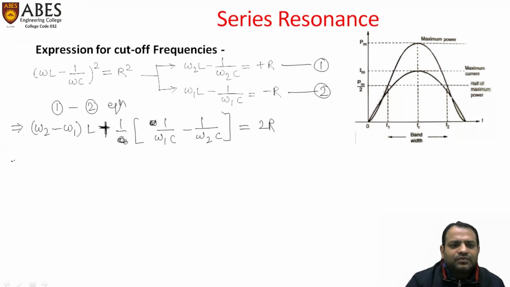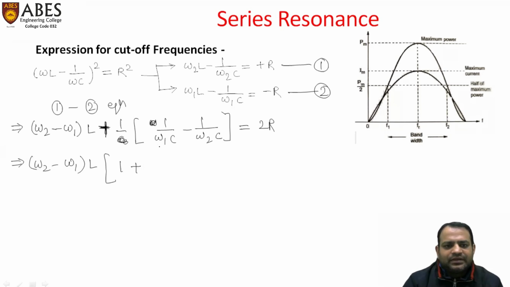We are taking omega 2 minus omega 1 and L common from this expression. So here this is 1 plus 1 upon C into omega 2 minus omega 1, which are taken already outside.